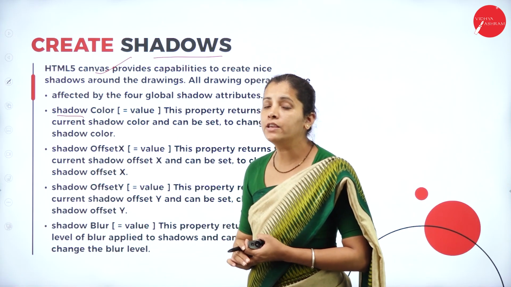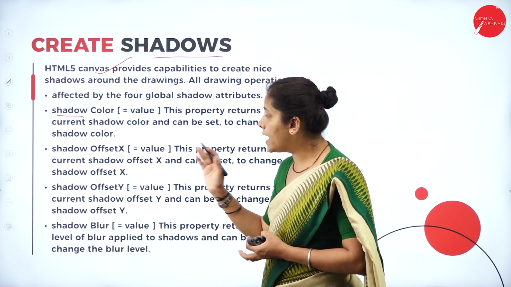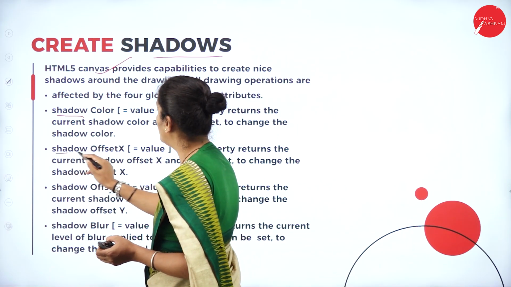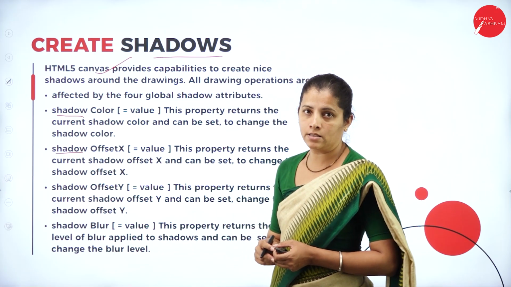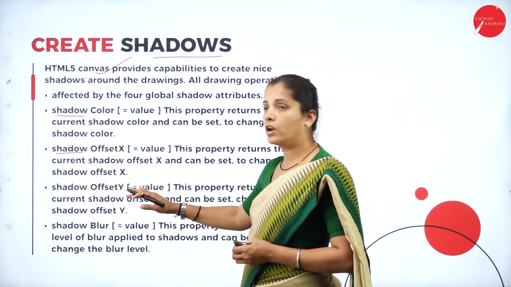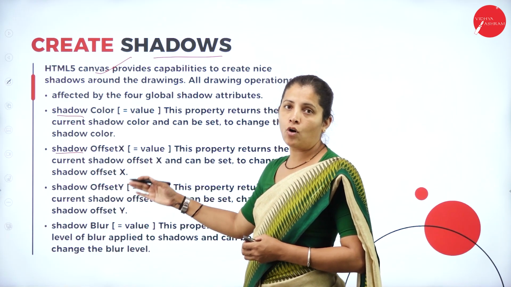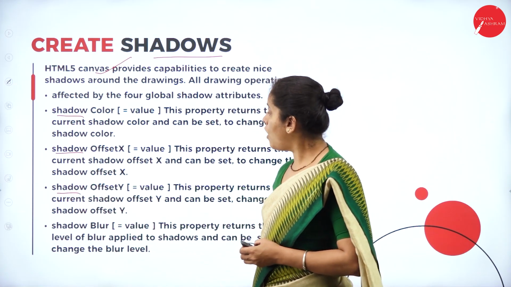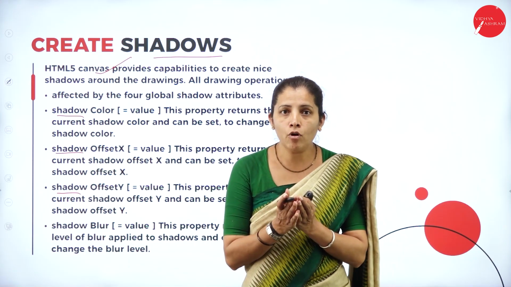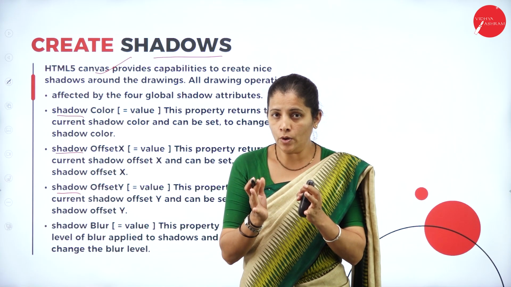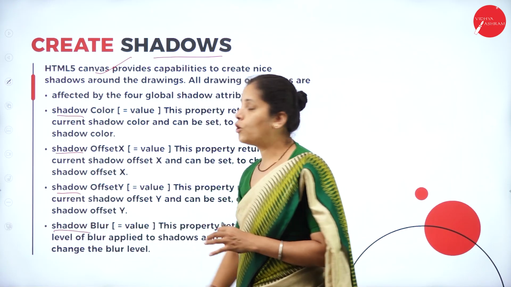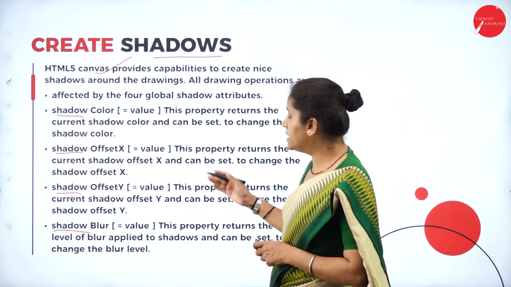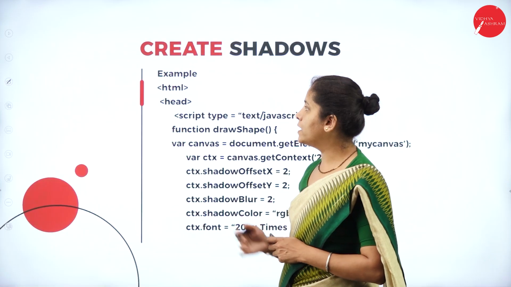If I want to provide the offset value of the shadow, that is the x coordinate offset, then I have a property called shadowOffsetX. For the y coordinate, I have shadowOffsetY. If I want to blur the shadow, then I have a property called shadowBlur. So these are the certain properties of the shadow.